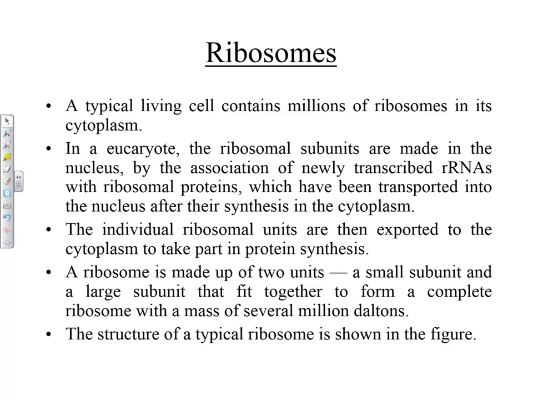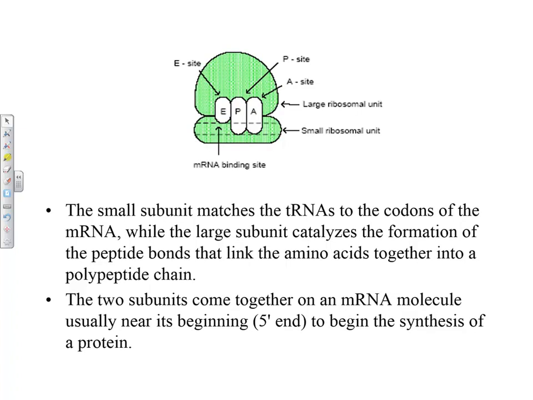The structure of a typical ribosome is shown in the figure on the next slide. So this is a typical ribosome. The thing at the bottom is the small ribosomal unit. The thing on the top is the large ribosomal unit. The small ribosomal unit has the mRNA binding site. So the messenger RNA is going to pass through this, and every triplet is coding for some amino acid.